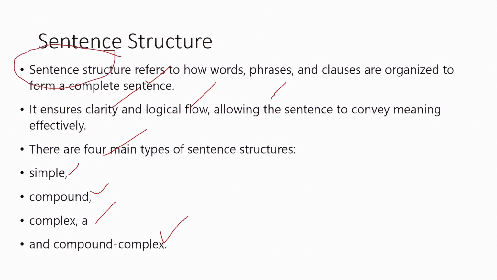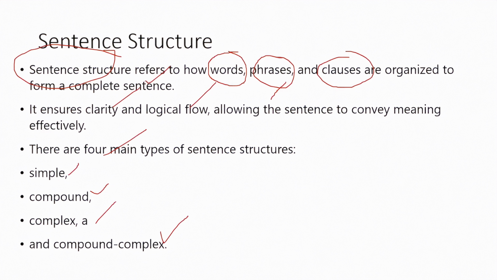When we talk about sentence structure, it means the use of phrases, words, or clauses to make a sentence, and how these clauses and phrases are joined. They are joined in four different ways.